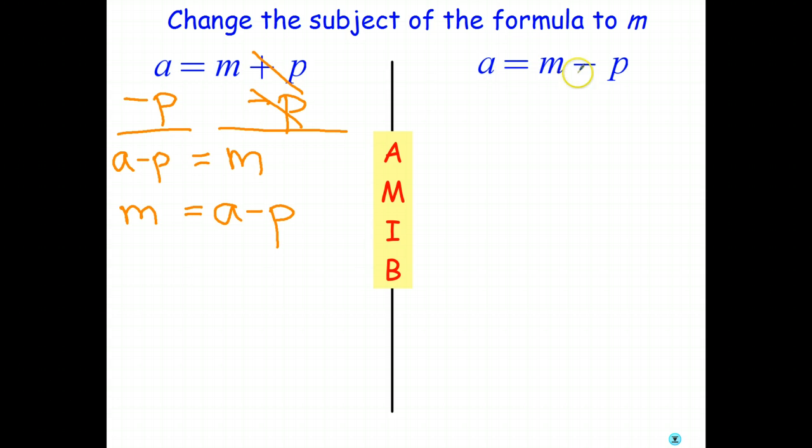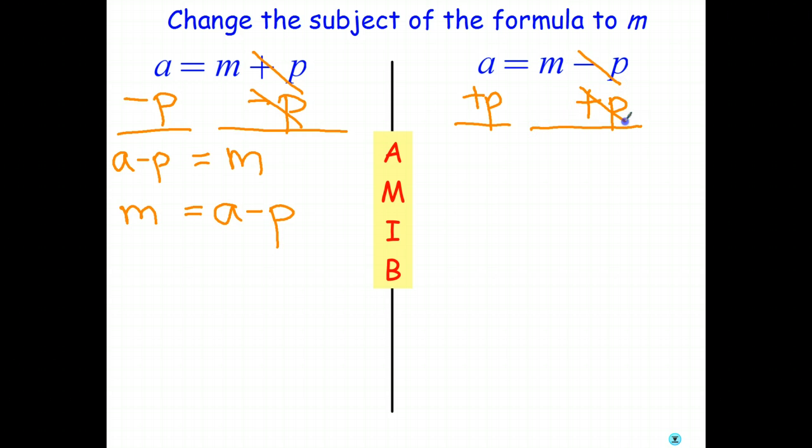Okay, similarly, here's the equation a equals m minus p, and I want to make m the subject. So adding and subtracting is undone first. I've got to subtract p. The opposite of subtracting p is adding p.